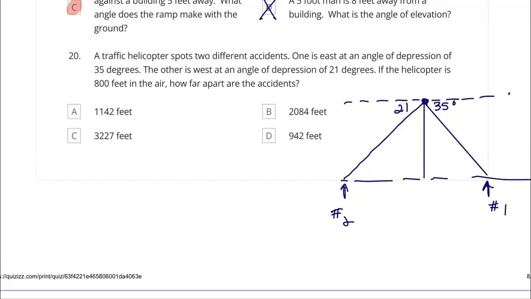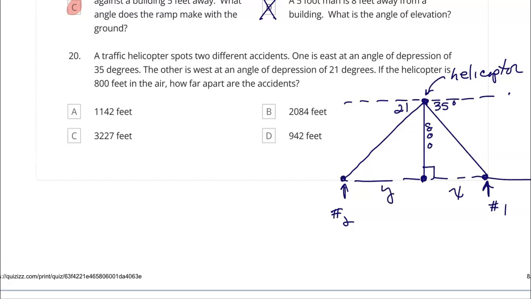So that's here, because this is your helicopter, so it is 800 feet in the air. What can we do with this? They want to know how far apart the accidents are. So this is a right angle. From this point to this point will be x. From this point to this point will be y.